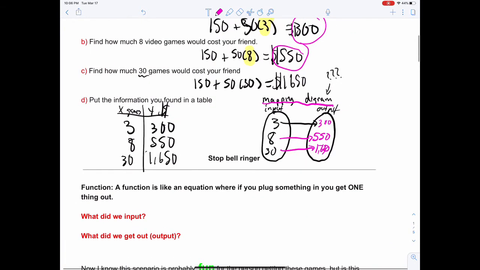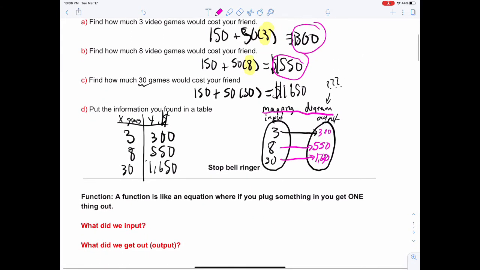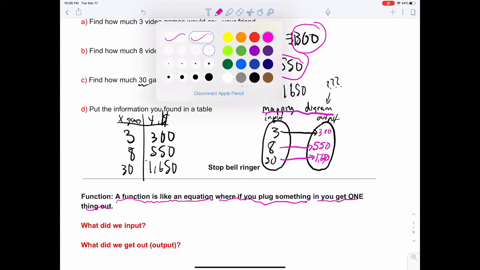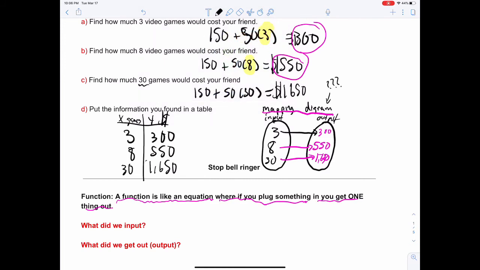Let's go back to functions here. A reminder of what to think of a function is, reading this definition: a function is like an equation, where if you plug something in, you get one thing out. So, in this example here, what did we input? What were we putting into our function?